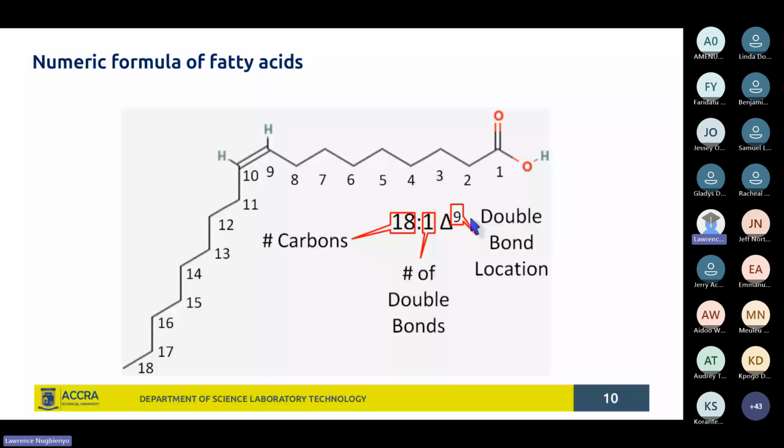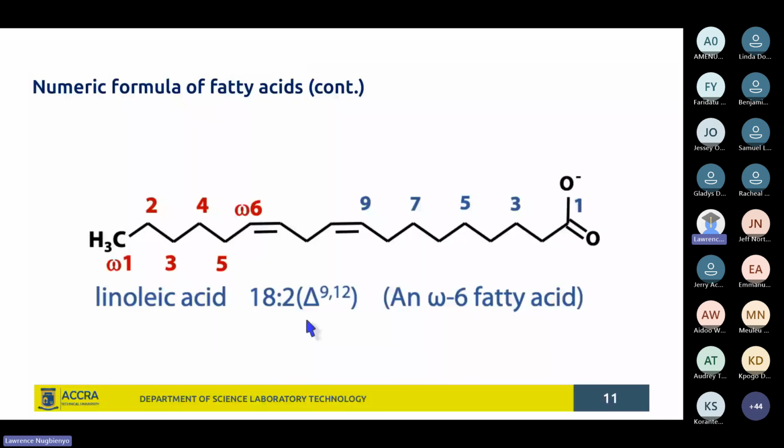All right, now still on this numeric representation of the fatty acids, what the example we just saw was showing was a double bond in a fatty acid, but that double bond was only 1. How about if you have more than 1 double bond? How do you represent that?